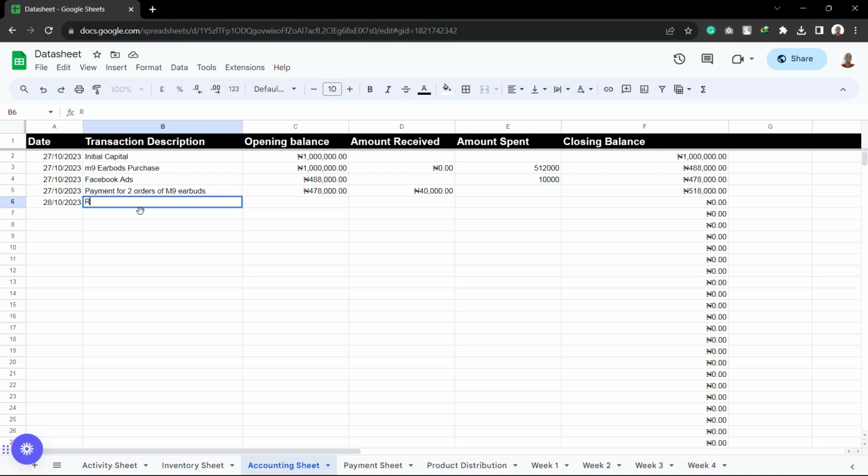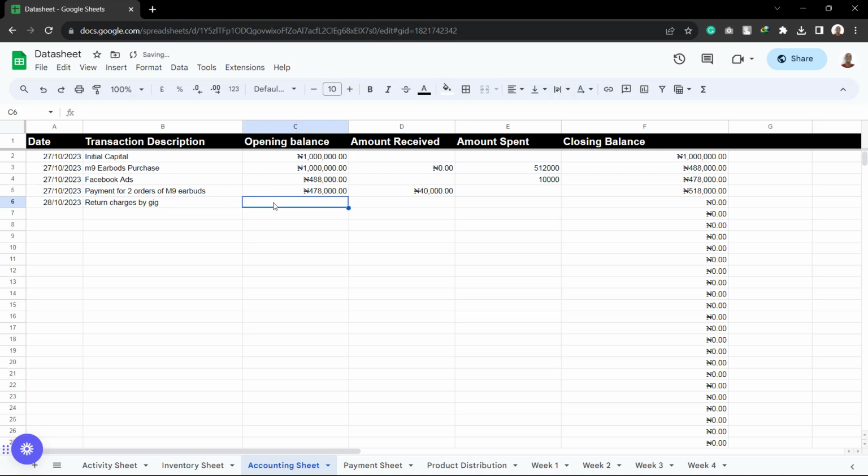So we'll say return charges by GIG, for example.